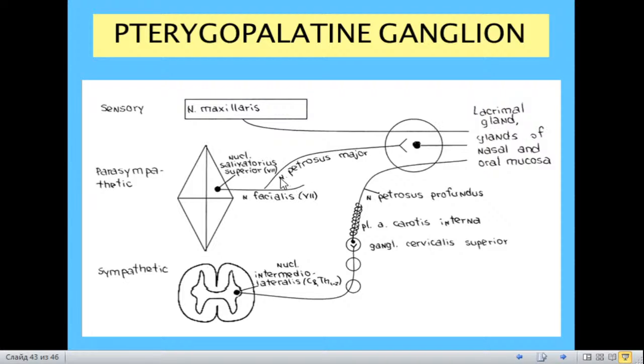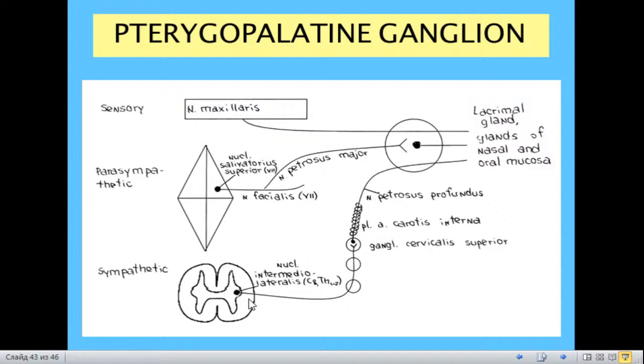Then preganglionic parasympathetic fibers start from nucleus salivatorius superior. Axons move firstly through nervus facialis, then nervus petrosus major, then this nerve joins nervus petrosus profundus to form Vidian nerve, nervus canalis pterygoidei, and parasympathetic fibers synapse in this ganglion.